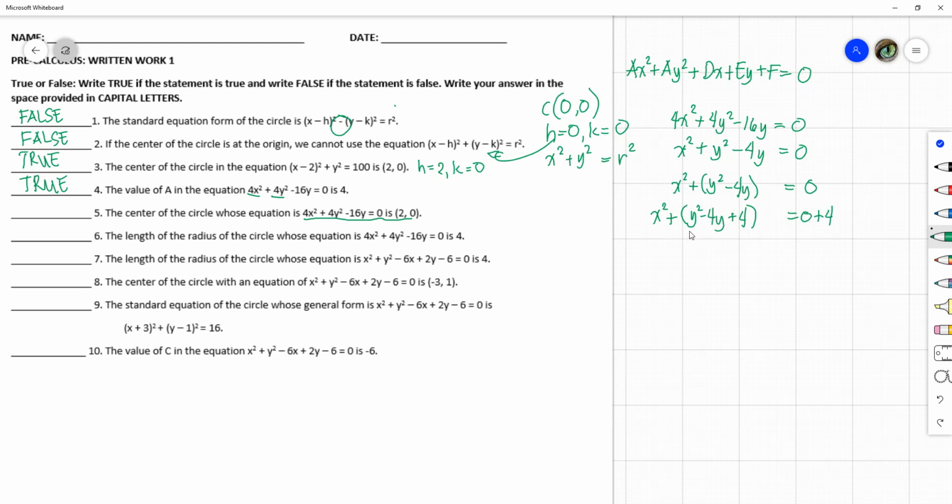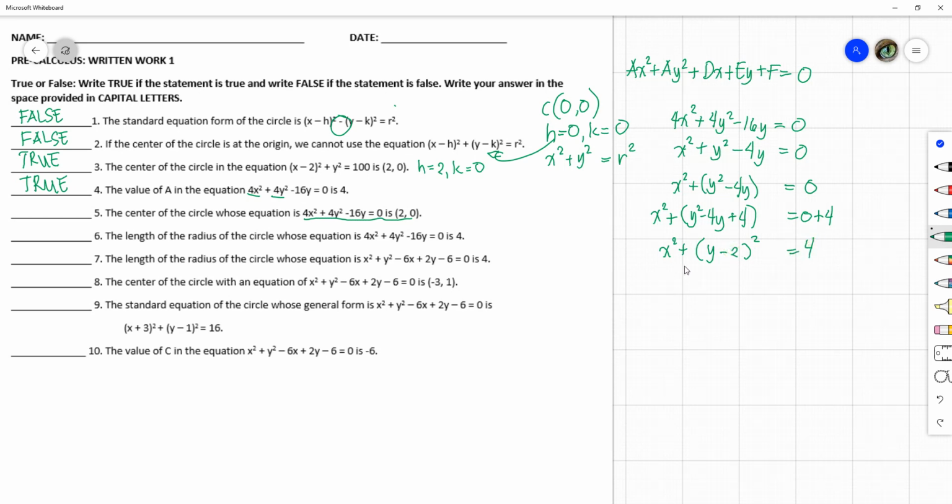So this is now a perfect square trinomial. Then we can rewrite this into factored form. So we have x squared plus the squared quantity of y minus 2 equals 4.